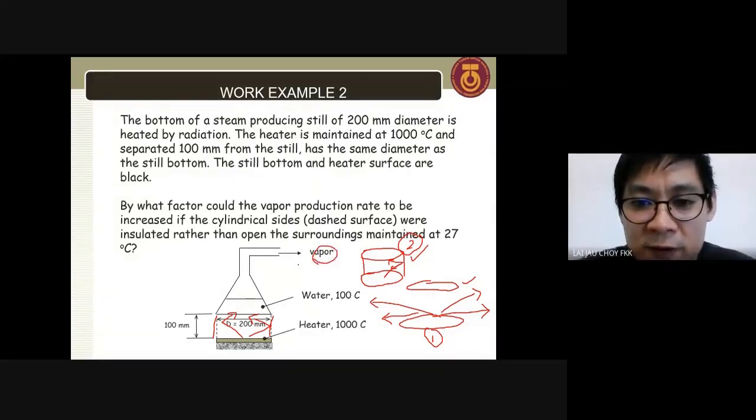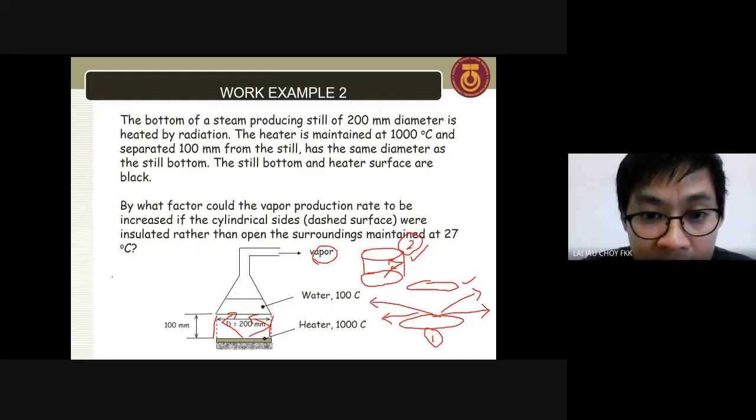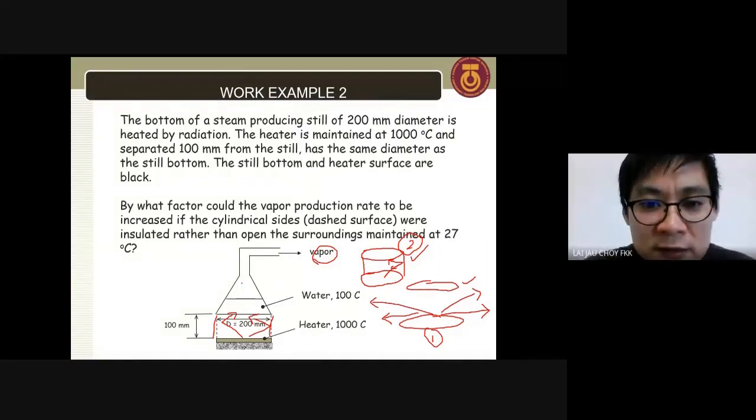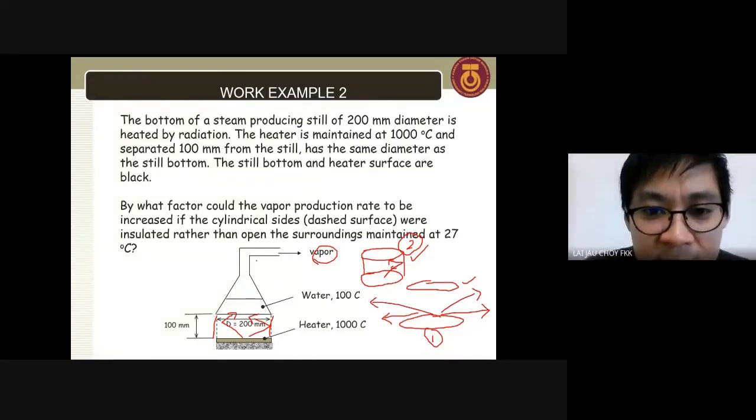Since it's vapor, what is involved here is boiling. But you don't need to worry about what we have learned in boiling, because you don't need to use that. What we are interested in now is the steam generation rate. So what is steam generation rate?